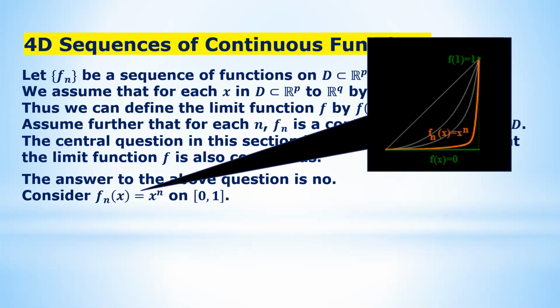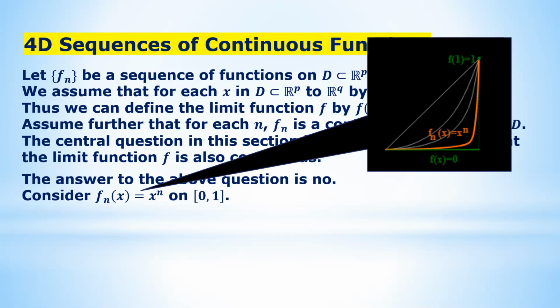So what is the limit function? You can think about it. One thing is clear: when x equals 0, no matter what n is, the function value equals 0. So all the curves in this picture start from 0.